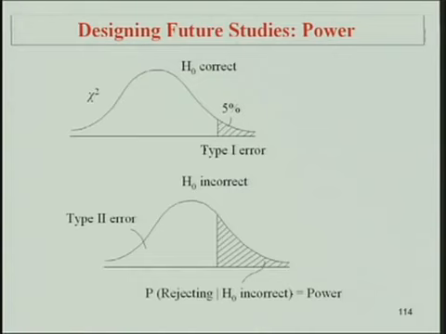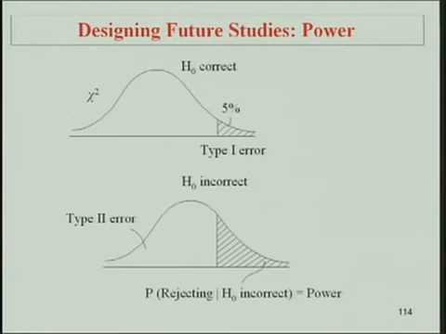Just to remind you, power, at the bottom here, is the probability of rejecting a model that's incorrect. We want to reject models that are incorrect, and that's power. Accepting a model that's incorrect is type 2 error.